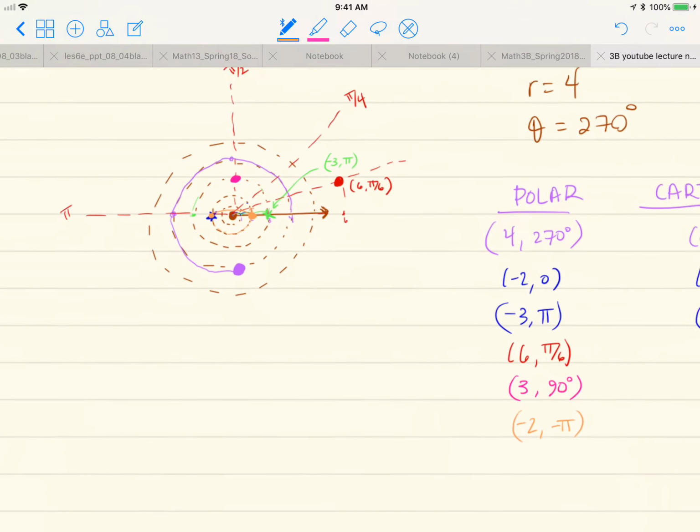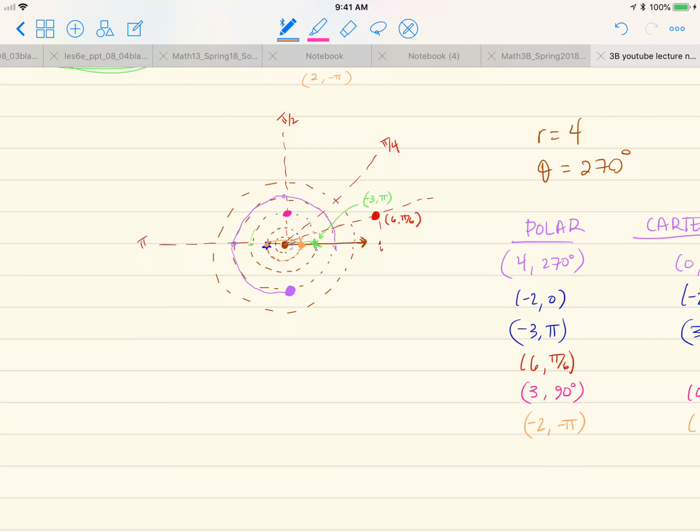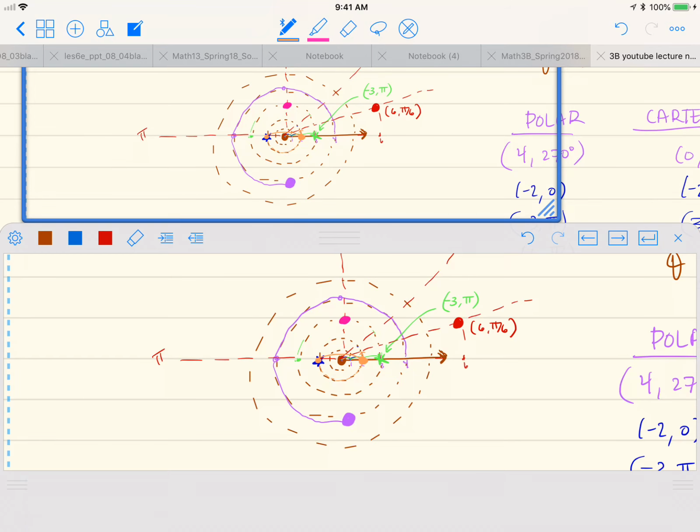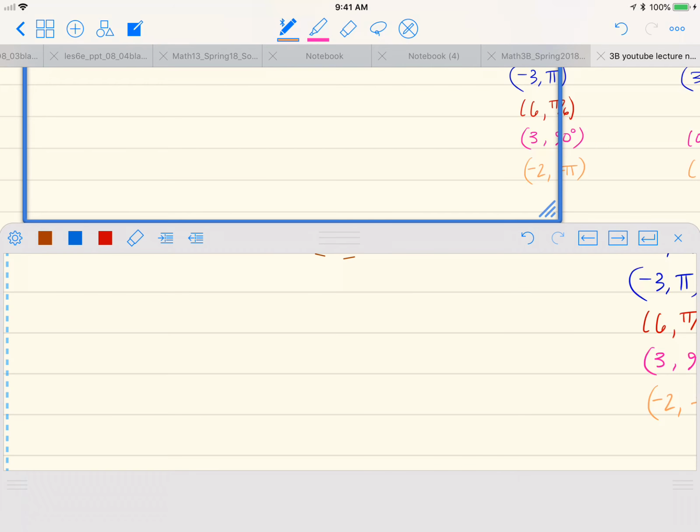Okay, and that's it. Now I think it makes it very easy if you have your circles, right? So if you've got your pole, you've got your polar axis, and you're drawing your circles to indicate r, the different versions of r, or the integer values of r. And then you can also put out some values for theta.